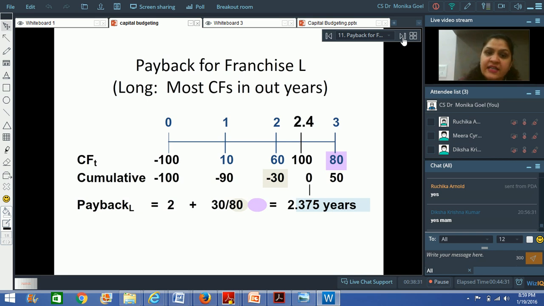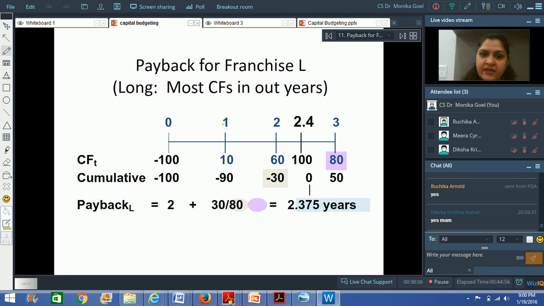Supposing there is a particular investment, a particular situation, which is called franchise L. Franchise L means that you are investing in a business called L. L here, for my understanding, I am taking it as long. So I am investing in franchise L, which is called long investment.